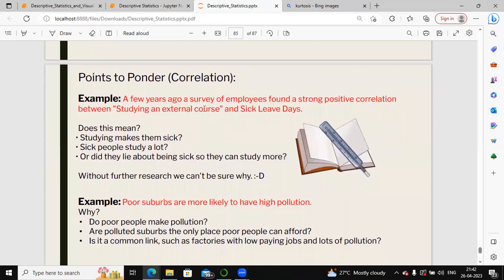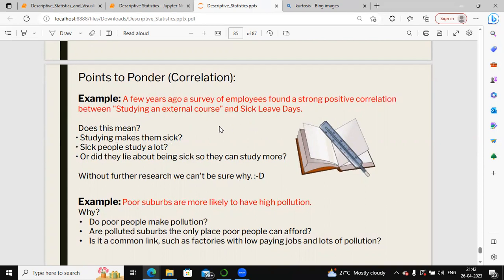Correlation. A few years ago, a survey of employees found a strong positive correlation between studying an external course and sick leave days. Does this mean studying makes them sick? Did people study a lot, or did they lie about being sick so they could study more? Without further research, we can't be sure what the reason is for studying an external course leading to sick leave days.